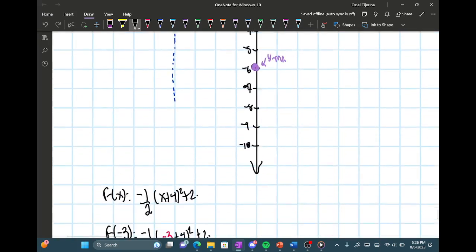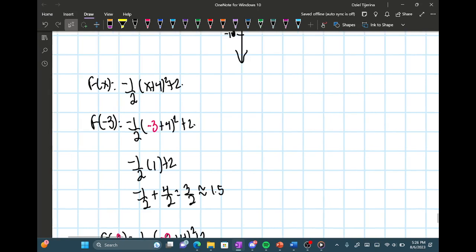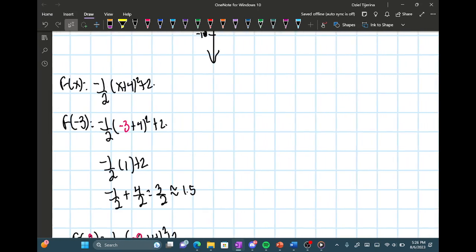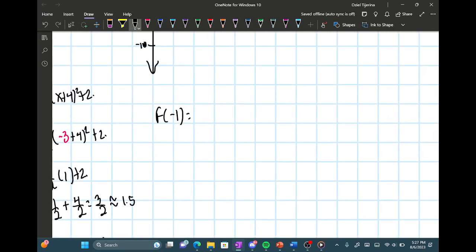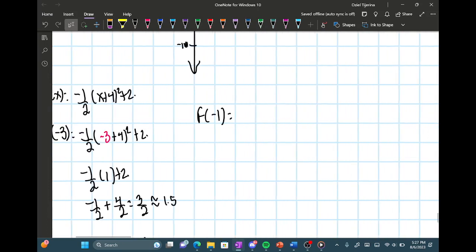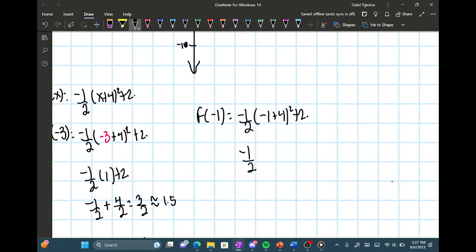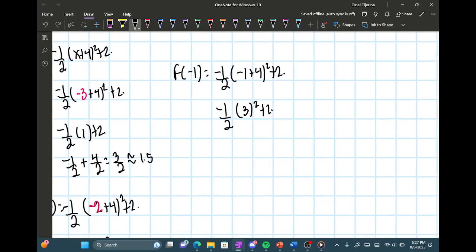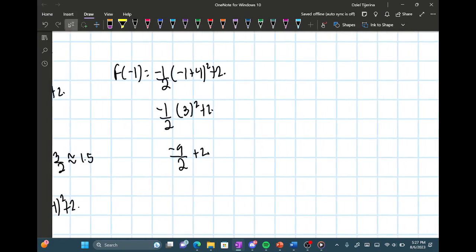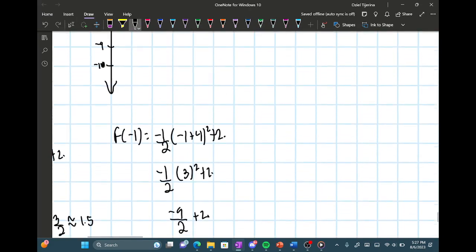And then when x is equal to -1, let's see here, f of -1. When x equals -1, we would have -1/2 times (-1 plus 4) squared plus 2, which is -1/2 times 3 squared plus 2, which is negative 9 halves plus 2, which is negative 4.5 plus 2, which I do believe is negative 2.5.